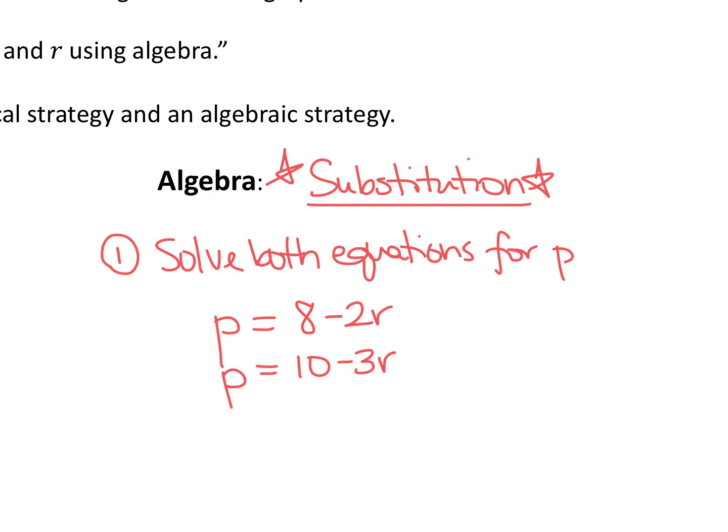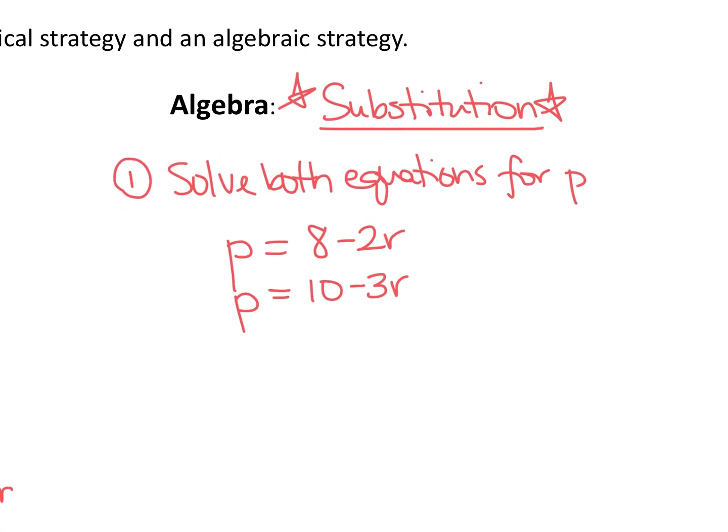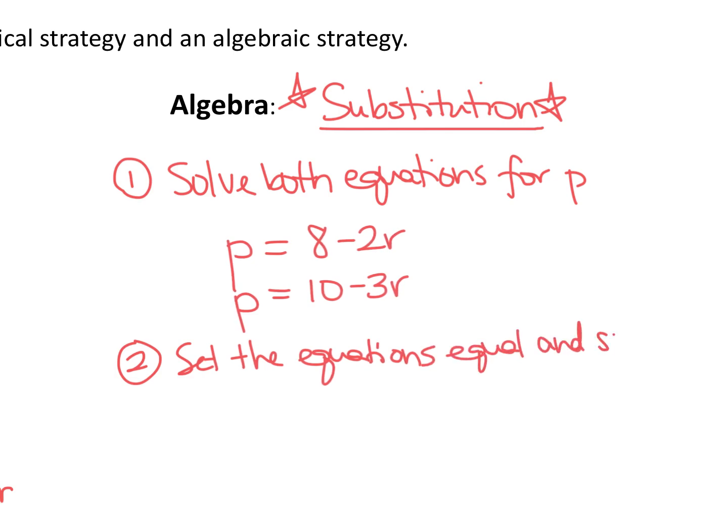Now we're going to do our second step of substitution, which is set the equations equal and solve them. Okay, the reason I can set these two equations equal is because they're both equal to p.